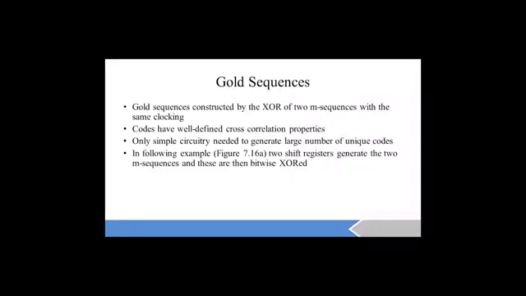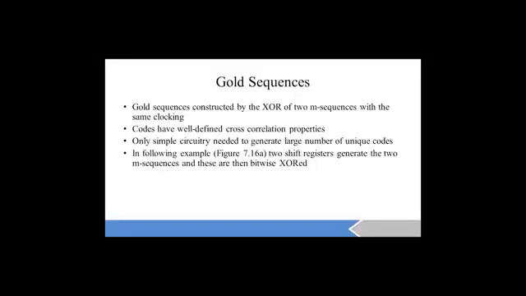For CDMA direct sequence spread spectrum, M sequences are not optimal. For CDMA, we need to construct a family of spreading sequences, one for each user, in which the codes have well-defined cross-correlation properties. In general, M sequences do not satisfy the criteria.